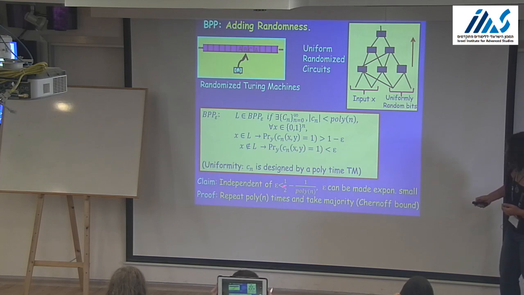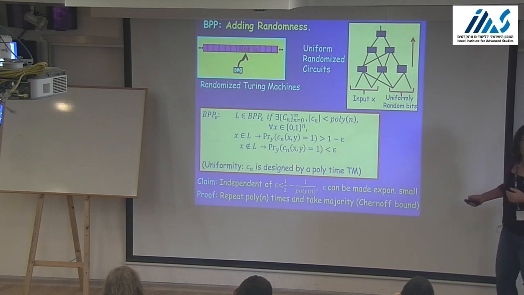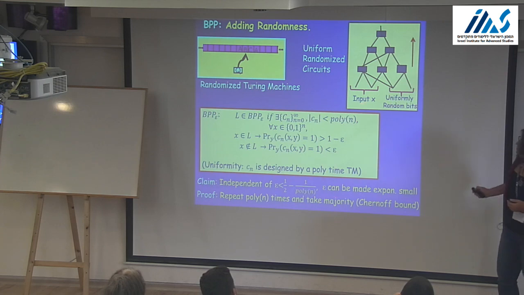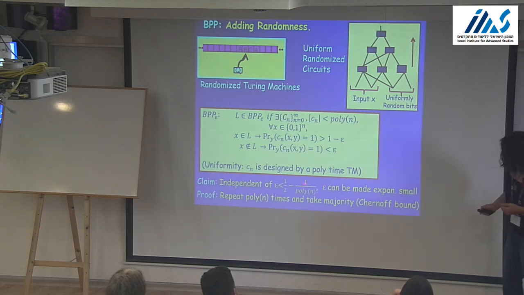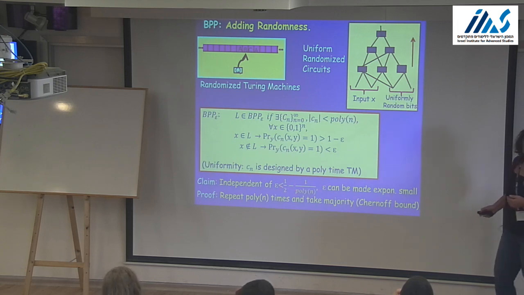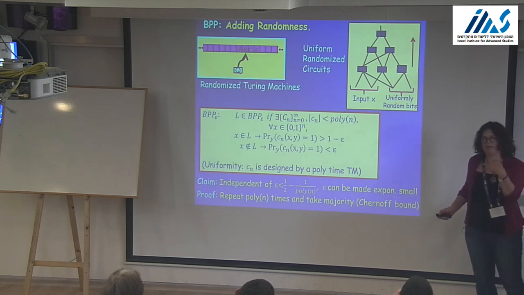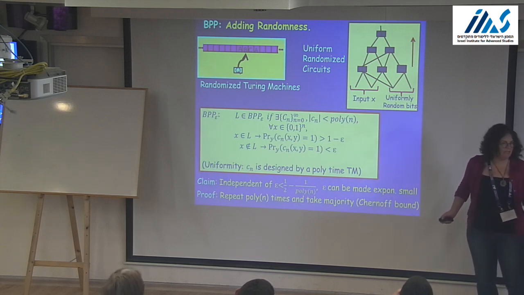If I have epsilon which is bounded away from a half, that's the reason for the b here, bounded away meaning it's at most half minus 1 over poly n, then we can actually repeat this computation many times, and epsilon can be made exponentially small by repeating it polynomially many times and taking the majority. One can pretty easily show, by the Chernoff bound, that if epsilon is less than that, the right answer is given with at least half plus 1 over poly probability.